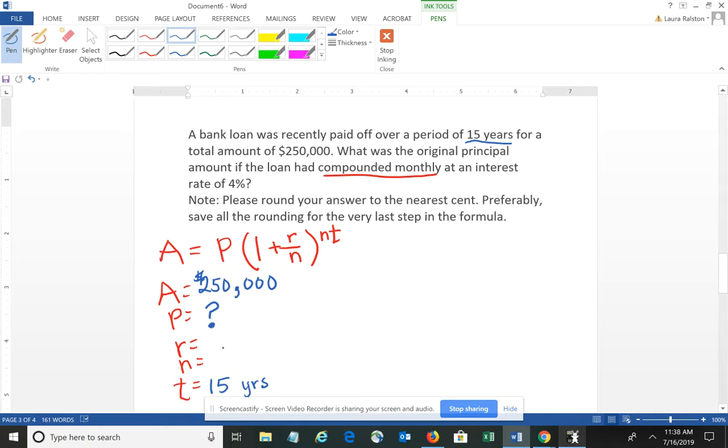If a loan is compounded monthly, monthly implies once a month, and there are 12 months in a year, at a rate of 4% interest. Again, the interest needs to be converted to a decimal. We do that by dividing by 100.